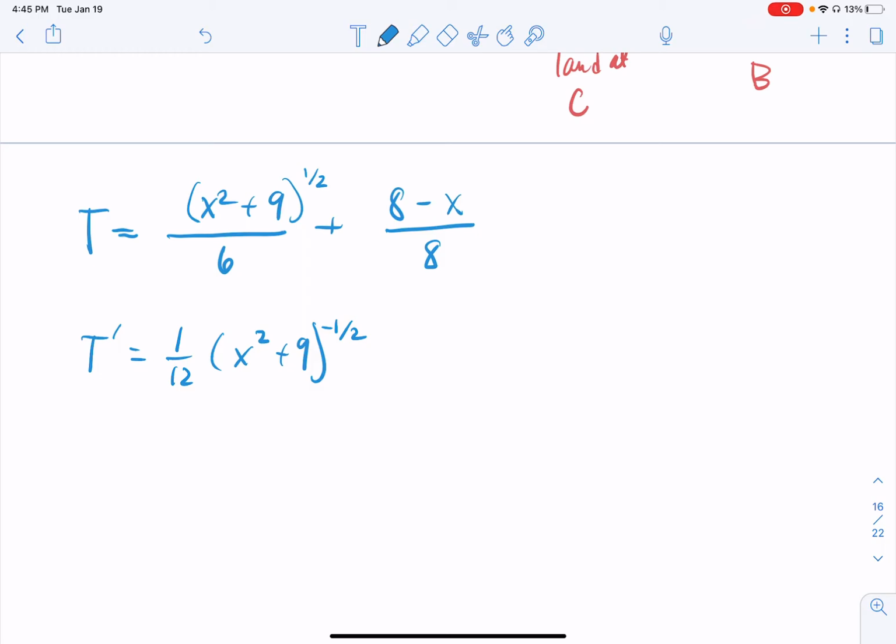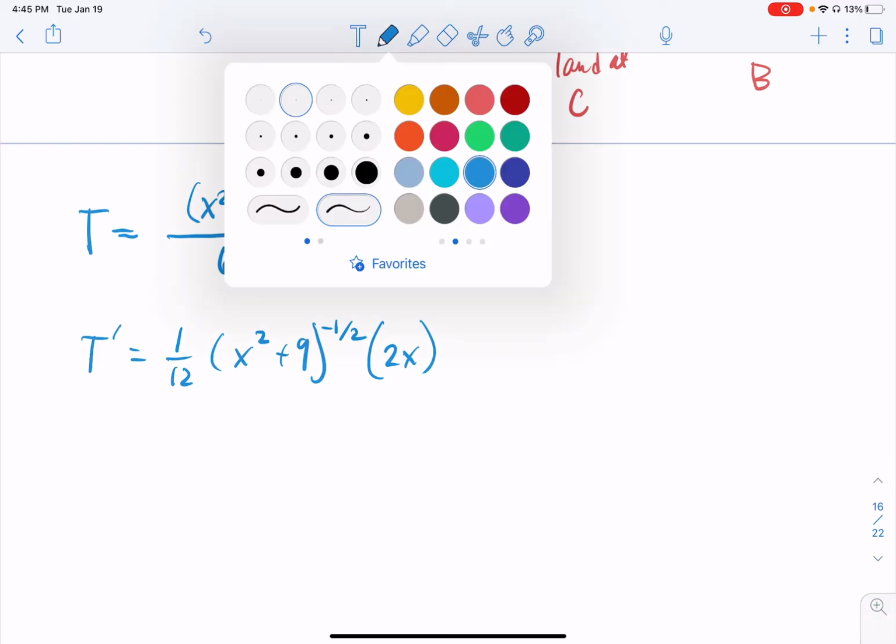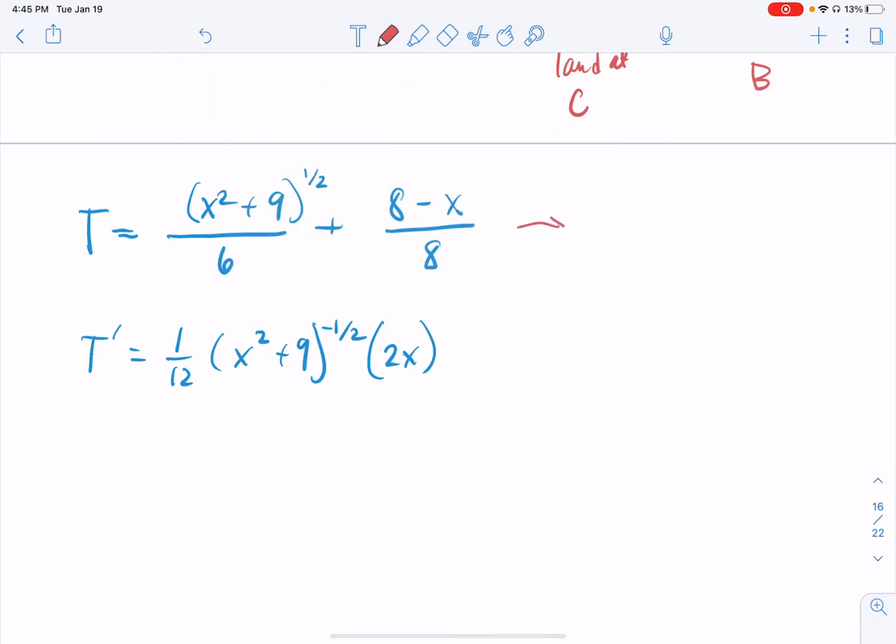And then don't forget the chain rule, times 2x, the derivative of the interior part. Okay, and now on this part, realize that it's really just 1 minus 1/8 of x, right? That's what, if I divide 8 into both of these things. And so the derivative is just this linear thing that's right here. It's just the slope of it, which is negative 1/8.